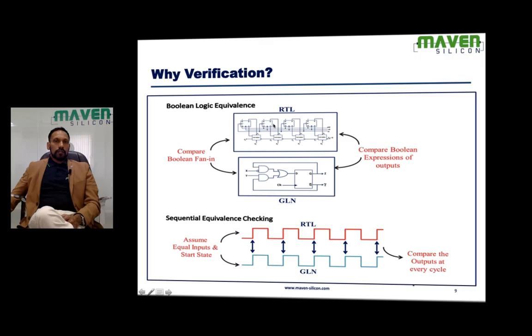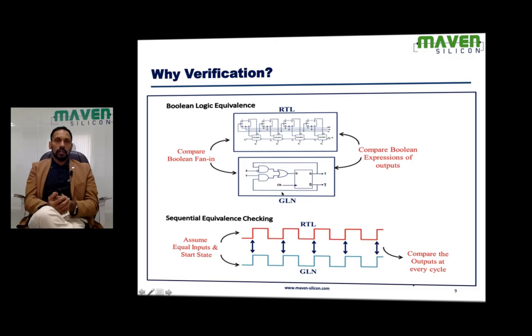This is RTL. From RTL, we have generated a gate level netlist. Now what we do is we use a tool called an equivalence checker. So we feed both RTL and netlist to the tool. The tool is going to compare the netlist with the RTL design, and if it finds any mismatch, it's going to report an error message.